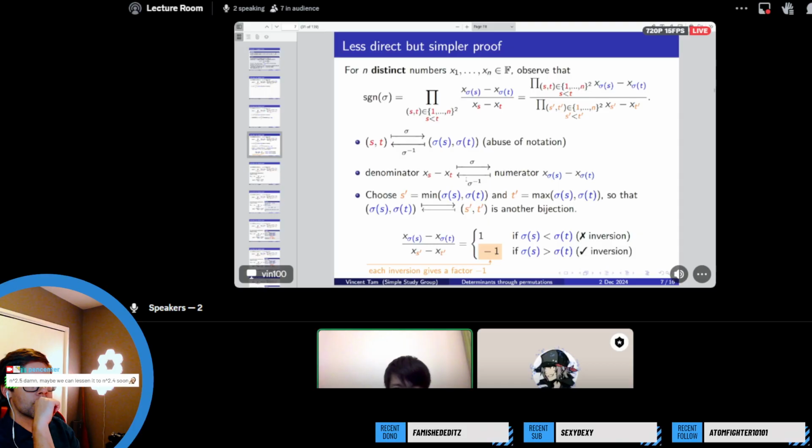And then we have another way of establishing the correspondence. Here we are choosing the minimum and maximum elements from the numerator.